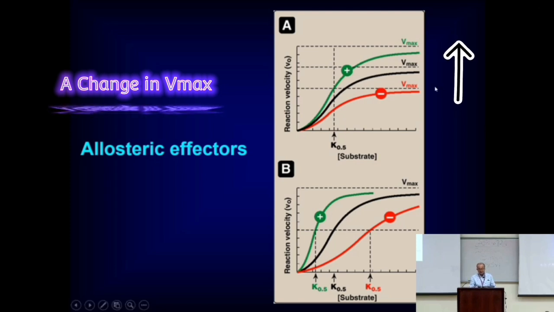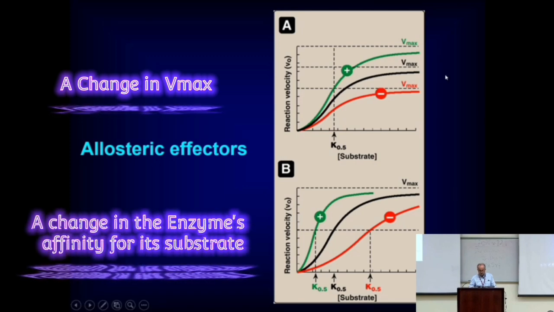If you add a molecule that decreases Vmax, like the bottom trace, that would be a negative allosteric effector. There's another way that allosteric effectors can change enzyme activity, which is shown down here. So there's either changing Vmax positively or negatively.